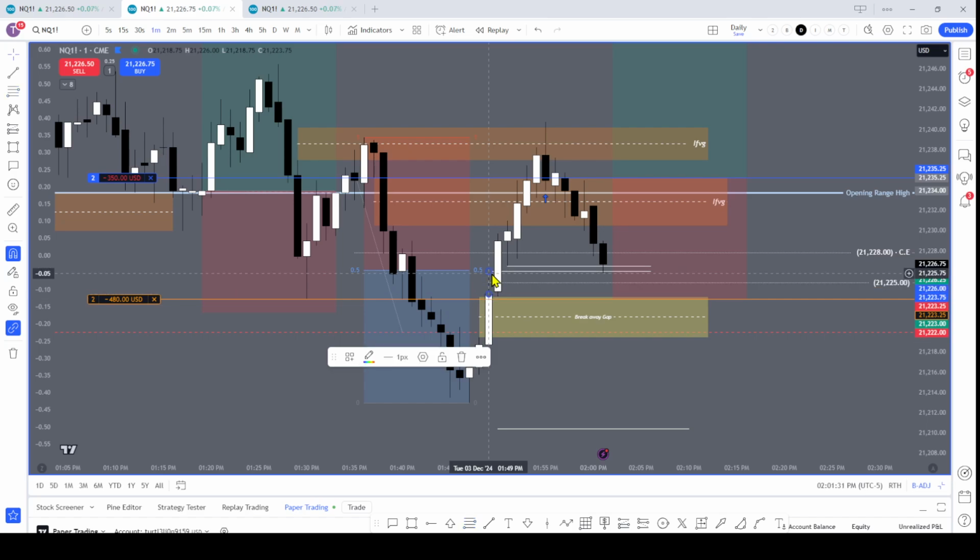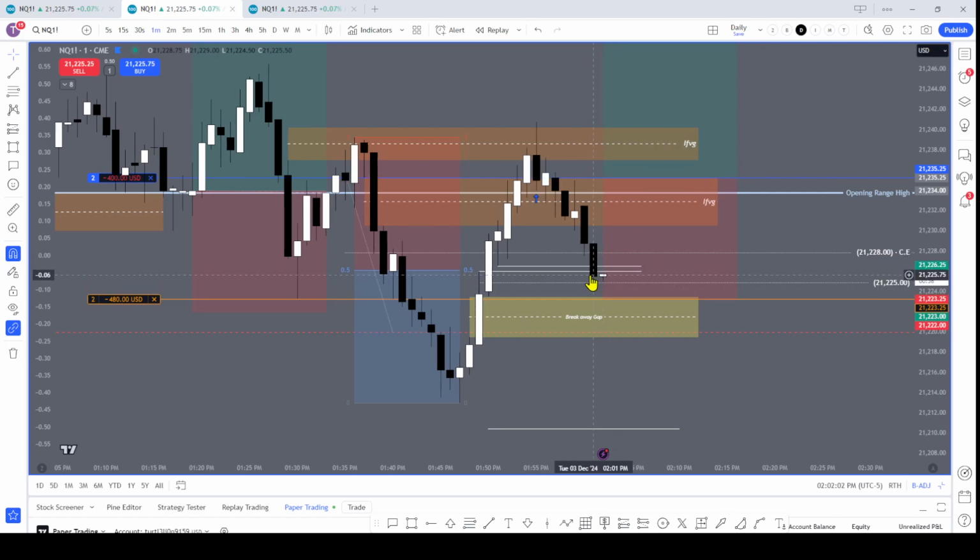Let's watch the midpoint of this wick. See where this candle closes. Close below this gap here.